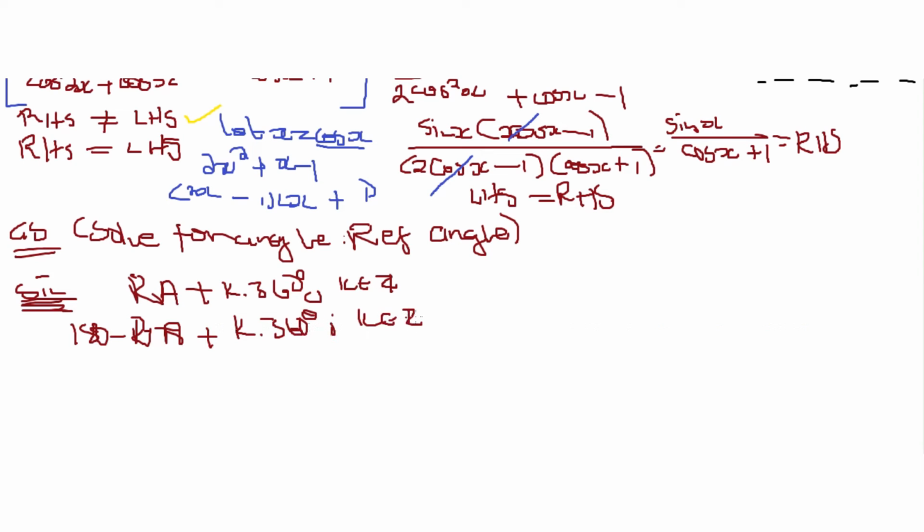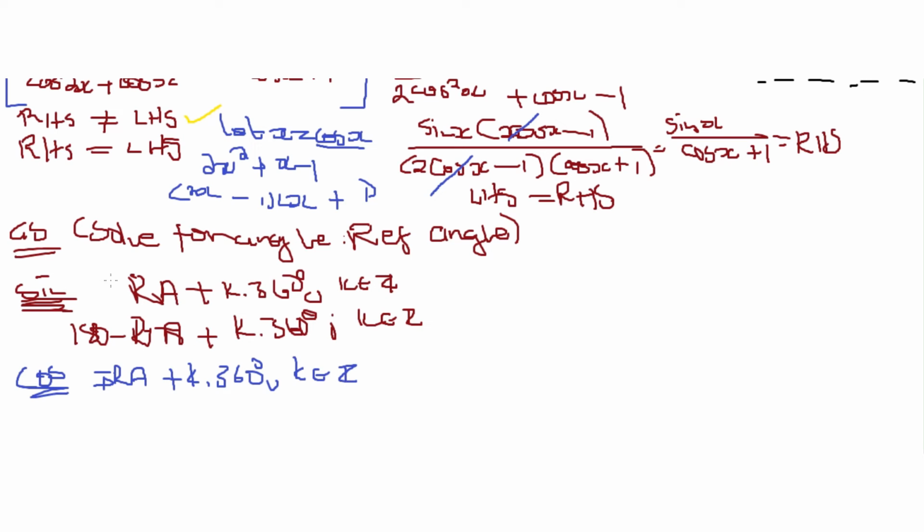This will be your conclusion at the end with sine. And then with cos, your conclusion will be the reference angle, either plus or minus, plus k times 360 degrees, where k is an element of the integers.